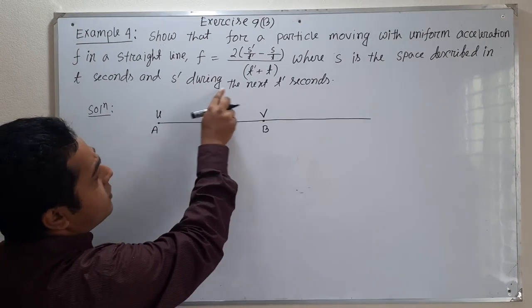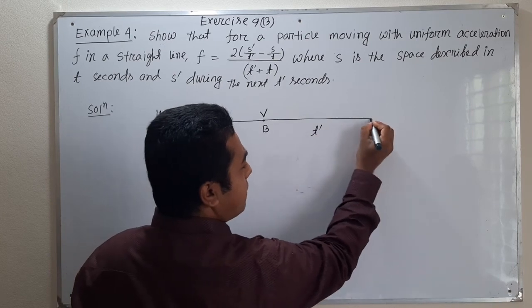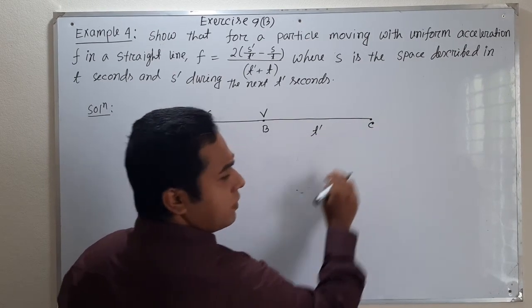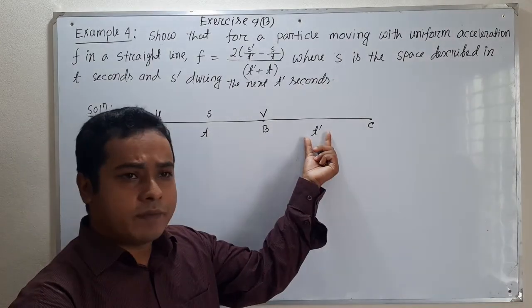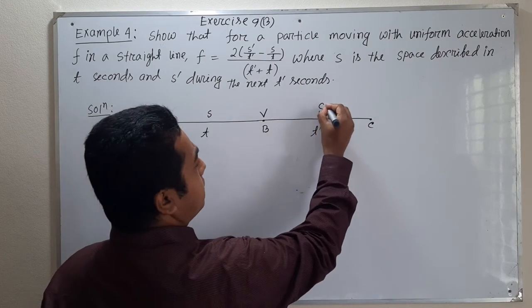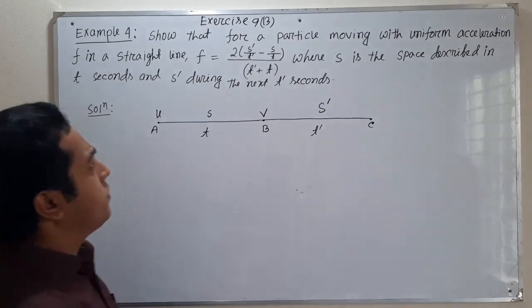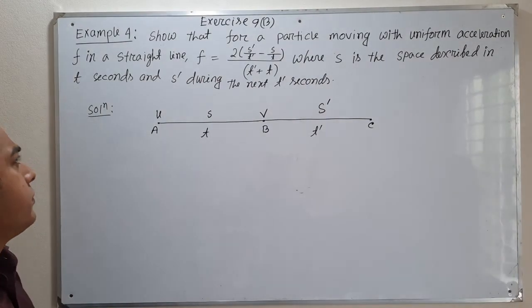Then during the next t prime seconds, the particle moves to point C, covering a distance s prime. We have to prove that the uniform acceleration is this.